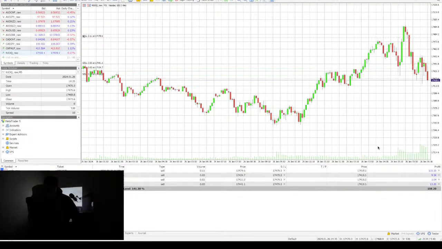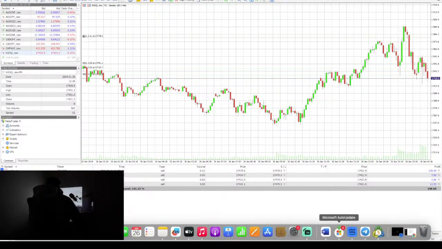So if you consider it from our starting position, now it's 1 is to 2 RR. And if you consider it from $100 risk, it's 1.5. But I'll keep the position still open.